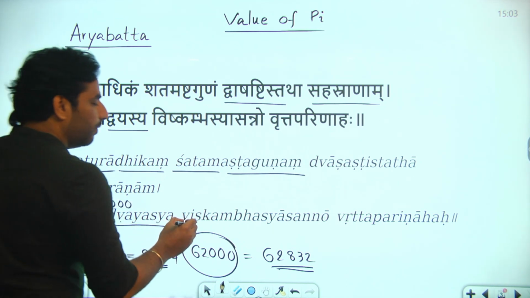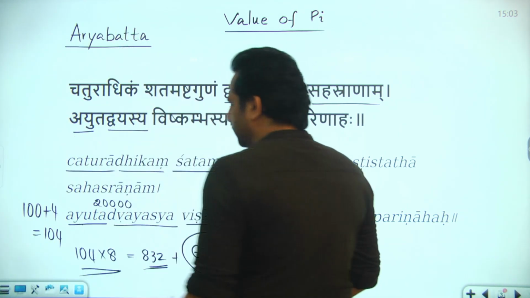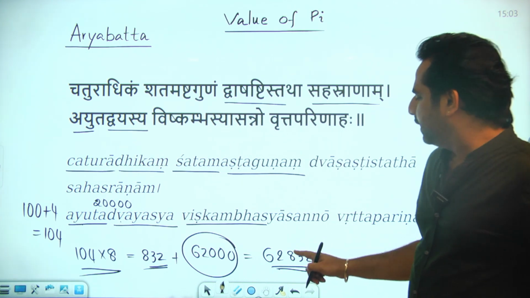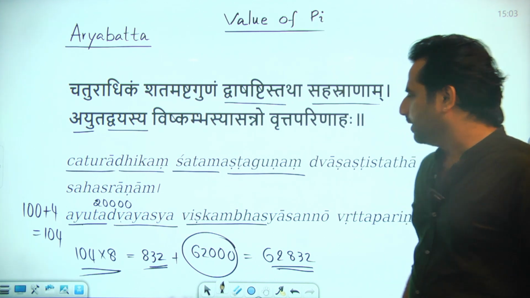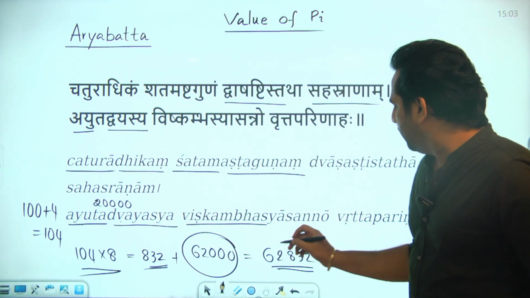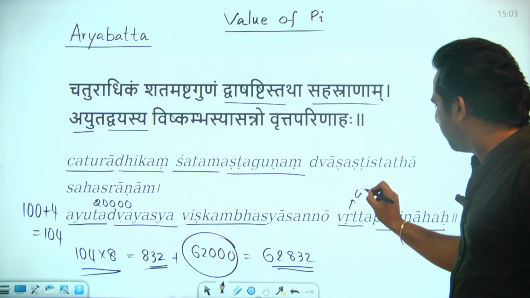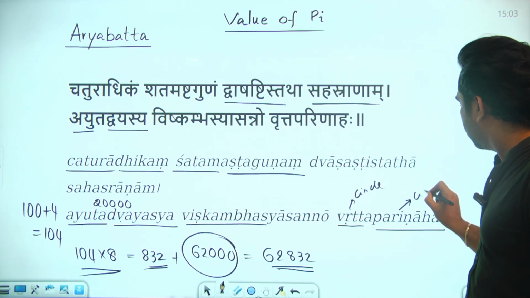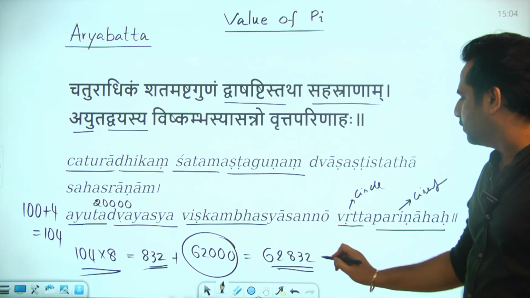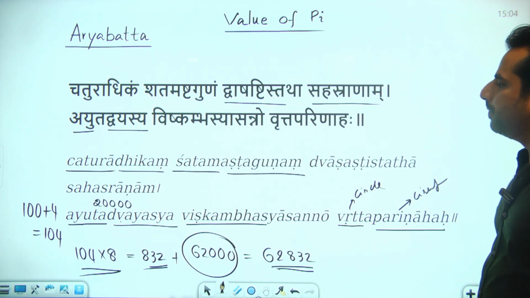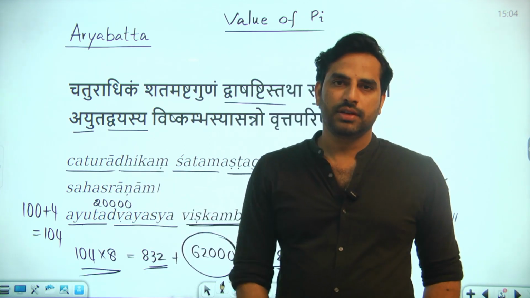Ayuta dvayasya vishkambasya. Vishkambasya is the diameter of a circle. So this particular thing, 62,832 units, is nothing but the vrutta parinahaha. So vrutta is circle, parinahaha is circumference. So this 62,832 is the circumference of a circle which has a diameter which is equal to 20,000.